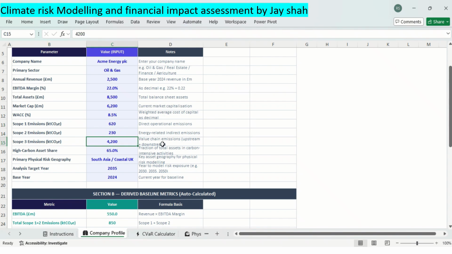Scope 3, which is value chain emissions, is not used in this version of the carbon cost model, as companies only pay carbon cost on scope 1 plus 2 in most carbon pricing regimes.